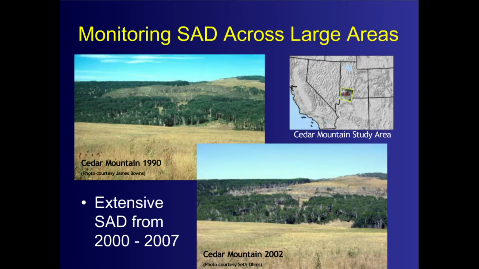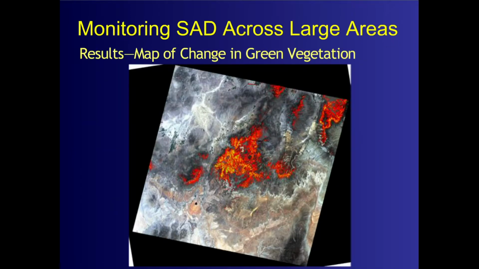Now, I'm changing my approach to this presentation around a little bit, and I'm going to show you what the results are and then tell you how we obtained those results. So this is the result from the study. This is a Landsat satellite image, and overlaid on it, this is showing up yellow and red here.